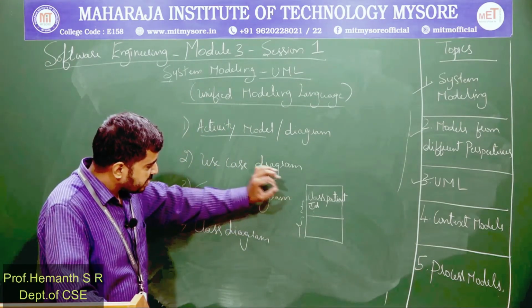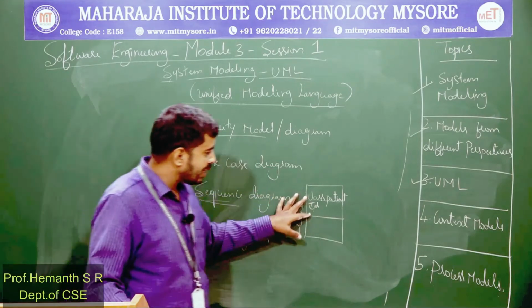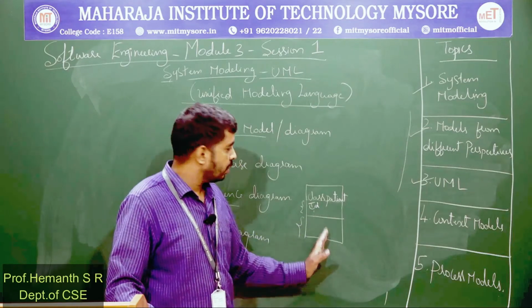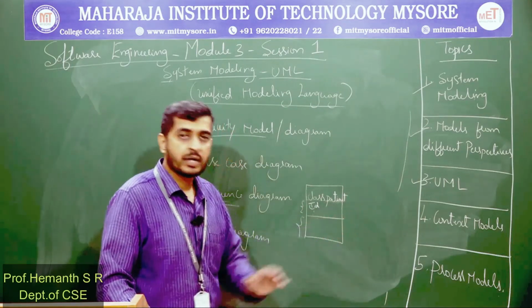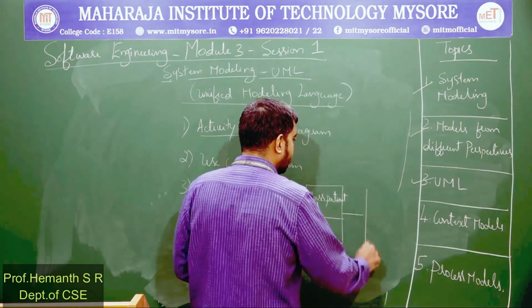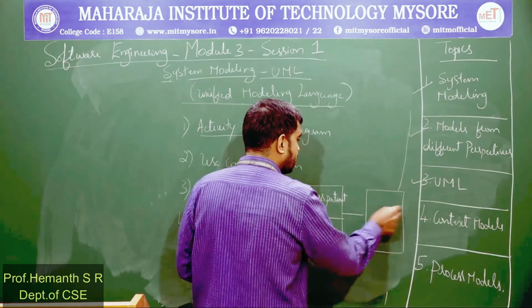So the class, the properties of the class and the operations on the class are presented, and also how this class is related to another class in the software. It is not like a software will have just one class.